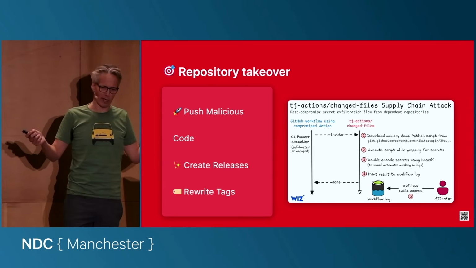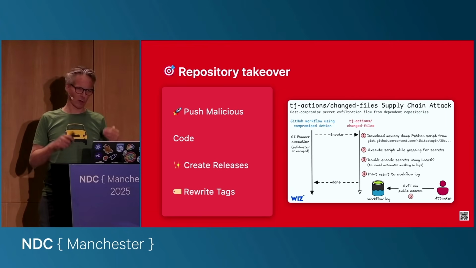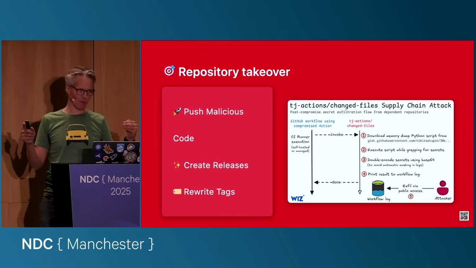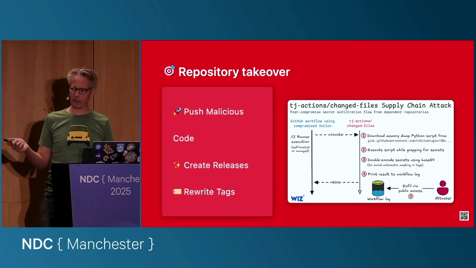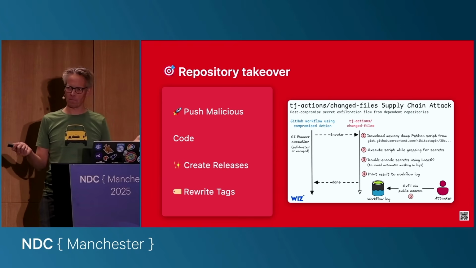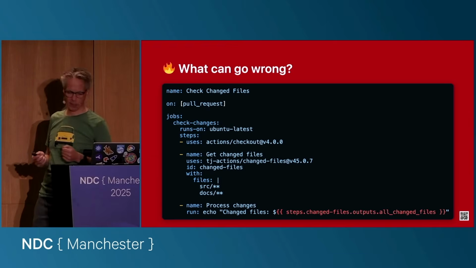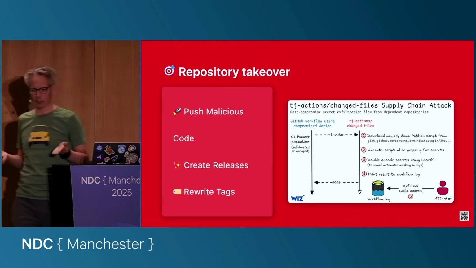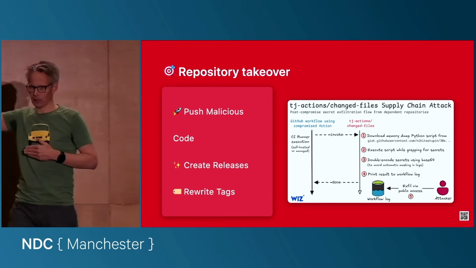And so you could say, okay, I've logged the version, so what's the problem? But the attacker also rewrote all the Git tags in the repository to point to the latest commit, because Git tags are mutable. So you could think this is fine, but you end up that automatically the tag was pointing to the new commit, and you get the vulnerable action in.